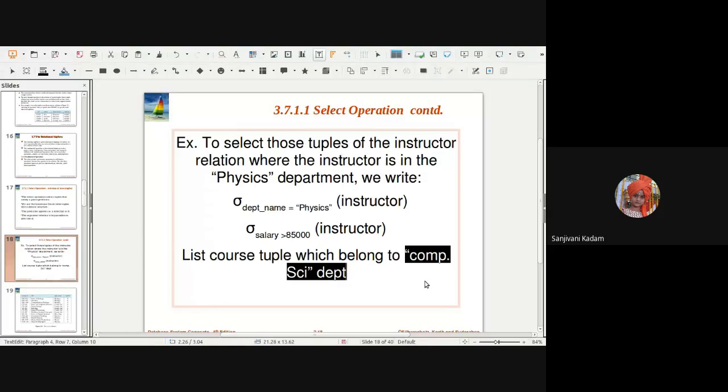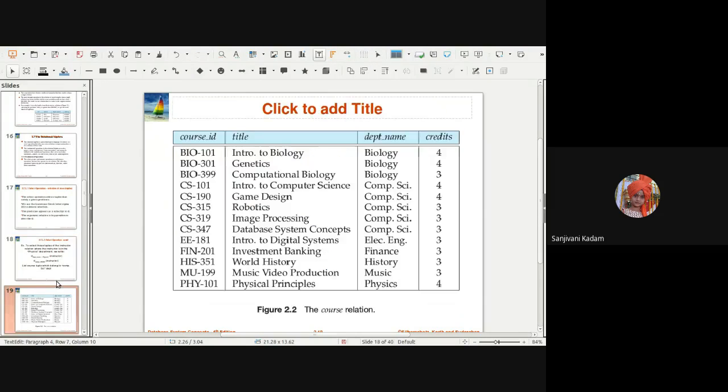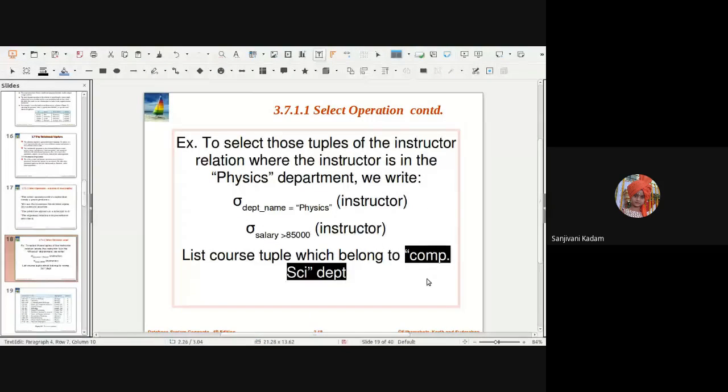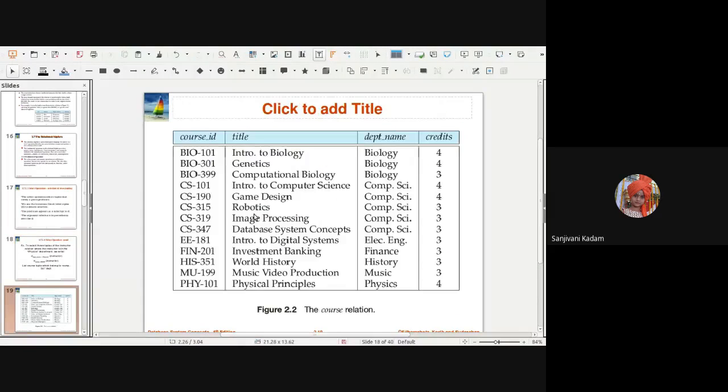This is the condition I want to apply onto my relation. Here the first question comes: am I interested in displaying the complete relation? No, we do not want to display the complete relation. We only want to list those tuples or records where the department name equals computer science. It means this value, computer science, is available in the department name column, so on this column I will apply my condition.